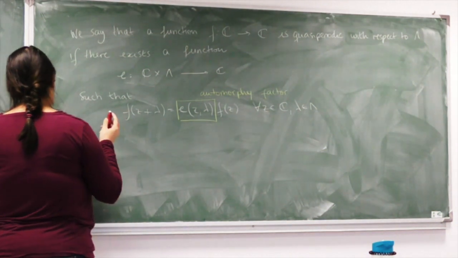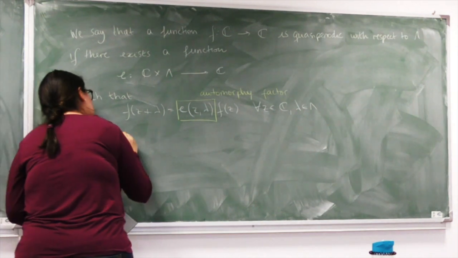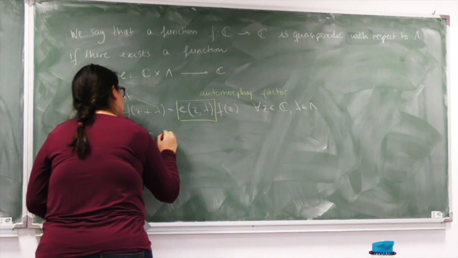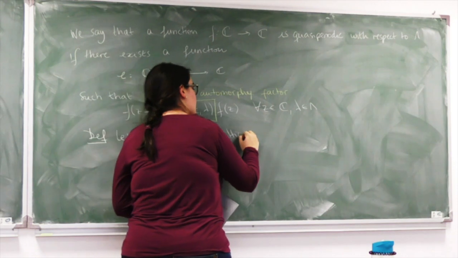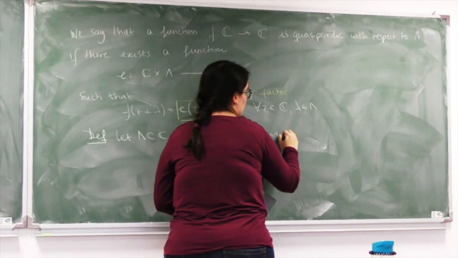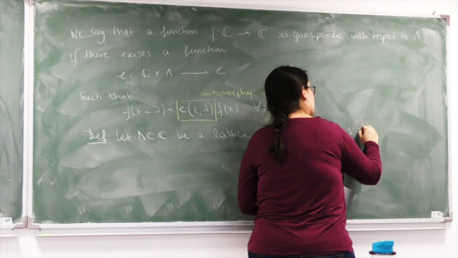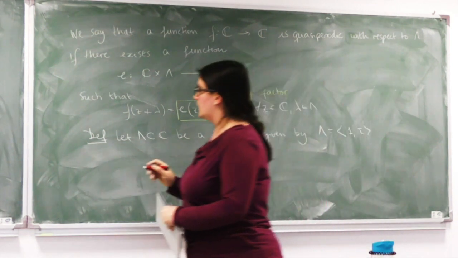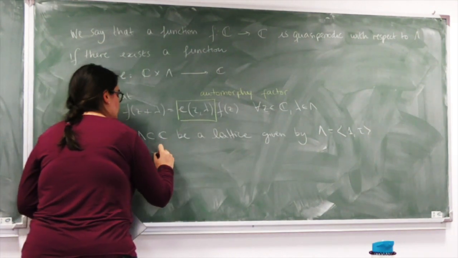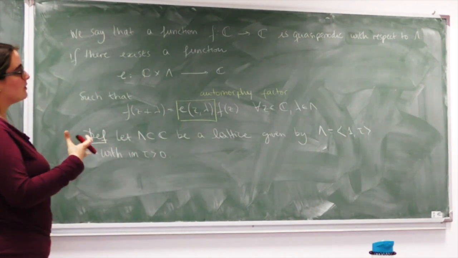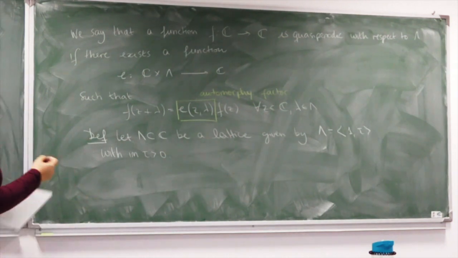So the one that we will look into is the following. Let lambda in C be a lattice given by lambda generated by 1, tau, with the imaginary part of tau being positive. So here is the first time where we actually really need this condition that we put on the lattice.